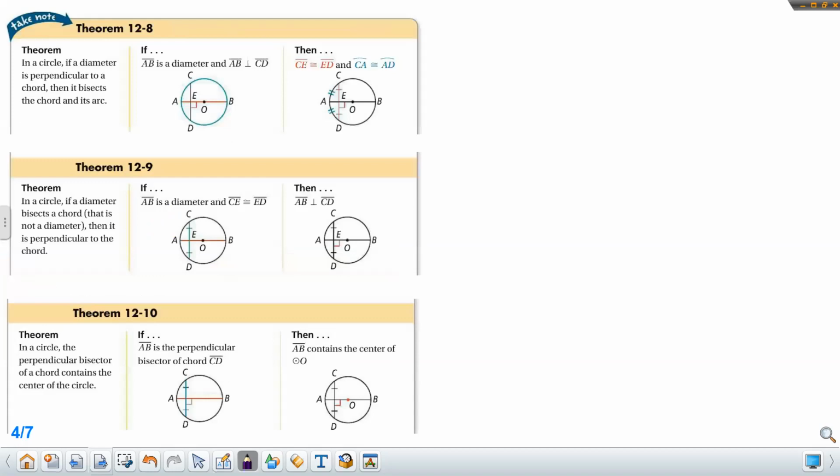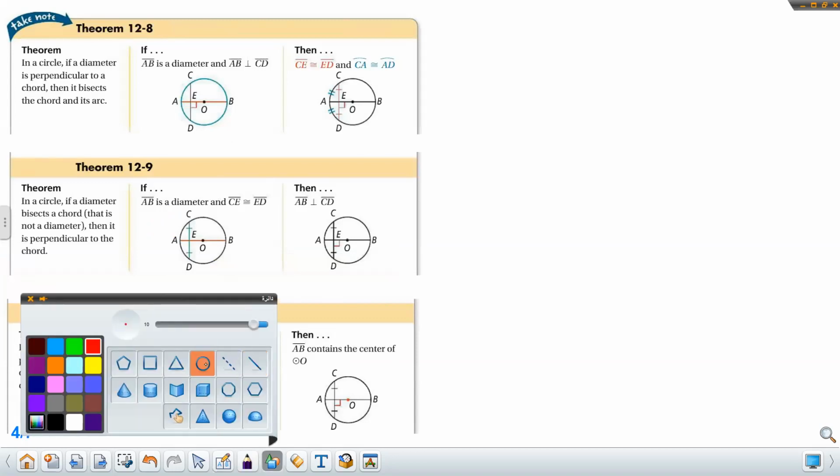But Theorems 5, 6, and 7 follow the same idea. What's the idea of these three theorems?